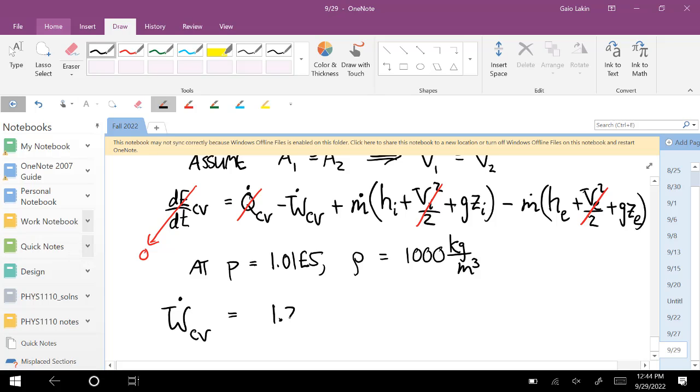So 1.26 times the inlet enthalpy. Let me put all this stuff together. So HI minus HE plus, I'll write this as G times the change in the heights.